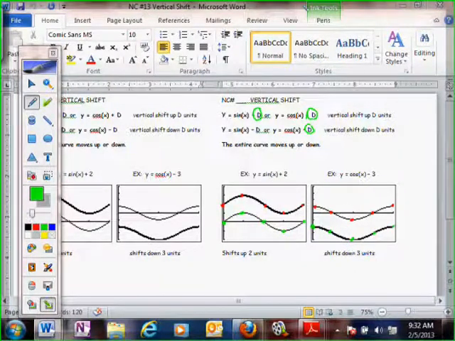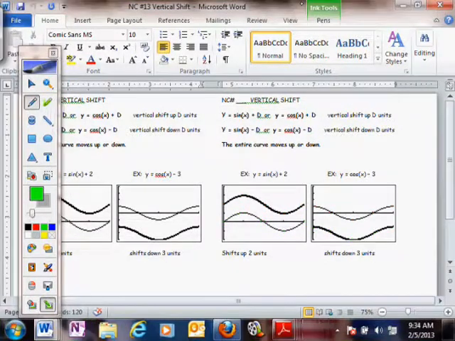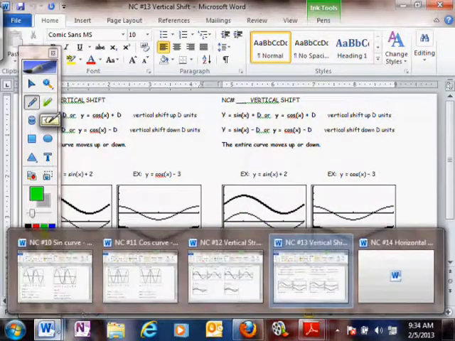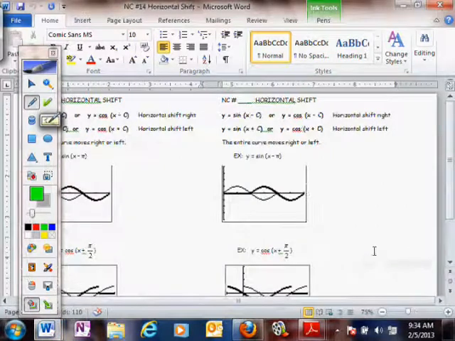Now let's look at horizontal shift. Horizontal shift is a little different, but you're used to this because we've talked about this with quadratics. The horizontal shift is located inside the parentheses, and if it's a minus, then it's going to be the opposite.